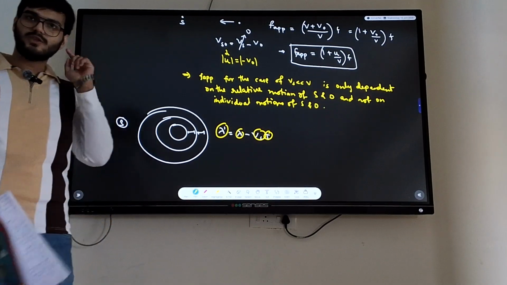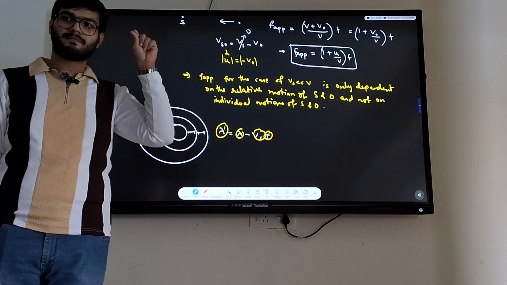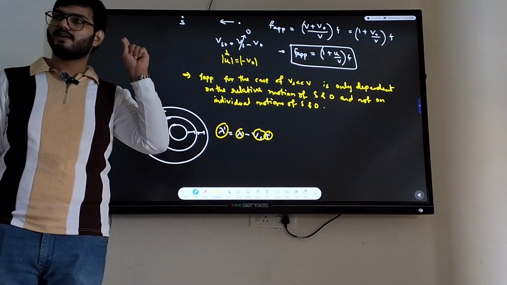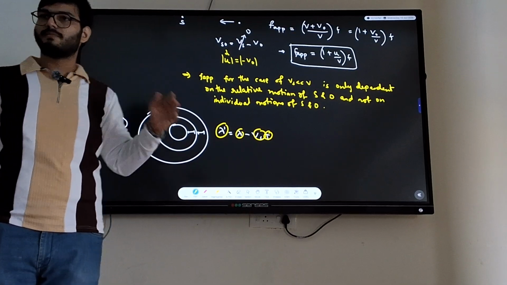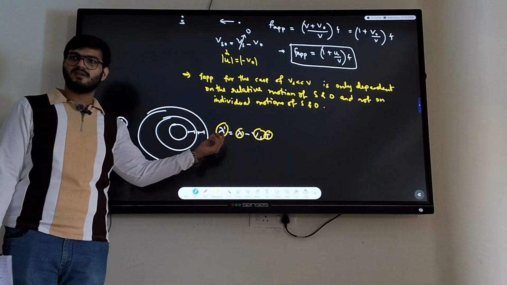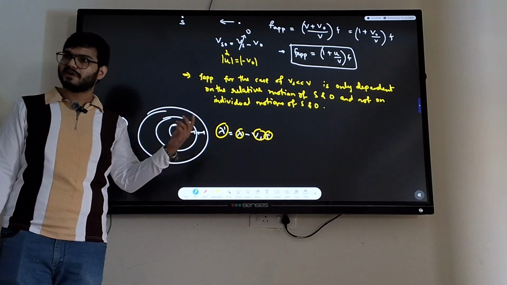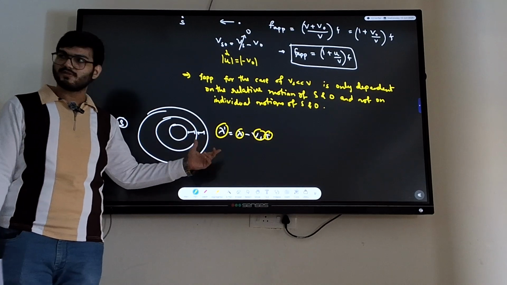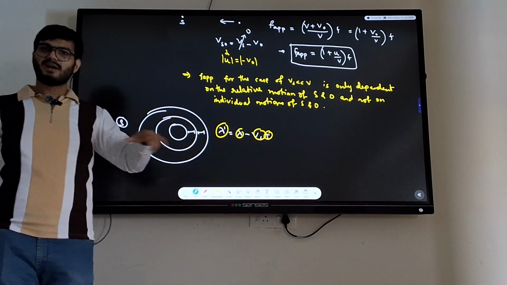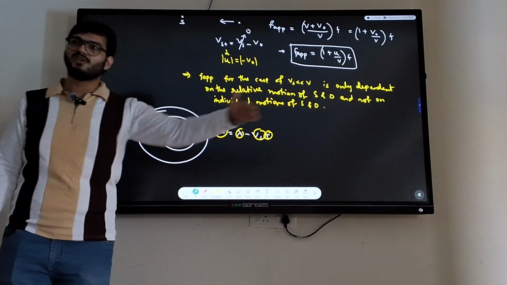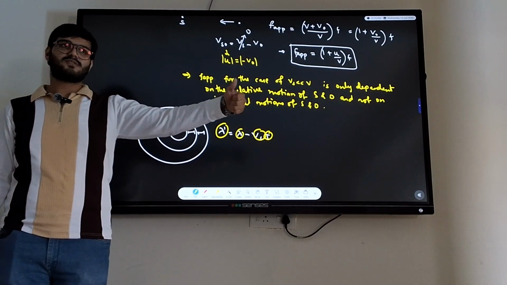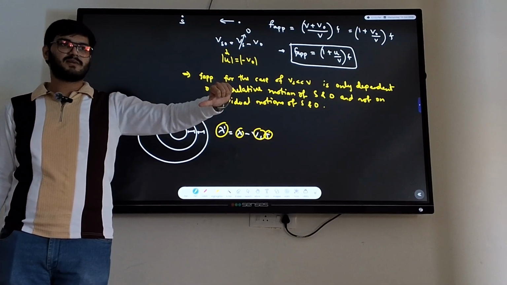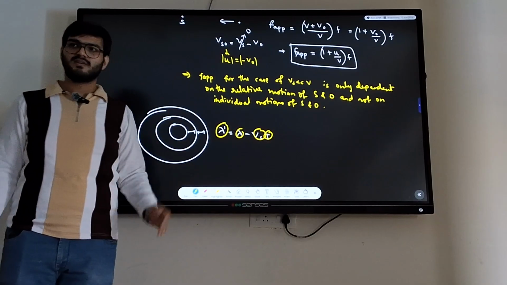How frequently you will hear that siren's beep is going to be a constant because lambda dash is a constant. Na? How frequently you will hear, meaning frequency? Yes or no? So that means frequency is going to be a constant. So it doesn't matter how close my ambulance is or how far away it is. As soon as it picks a direction and moves with a constant velocity, it's done.